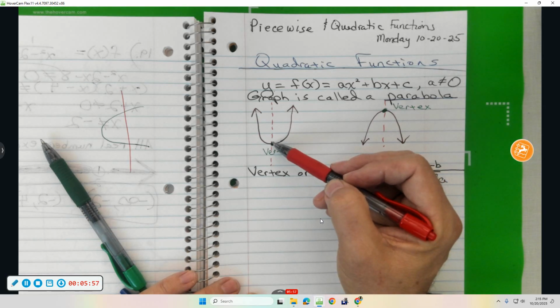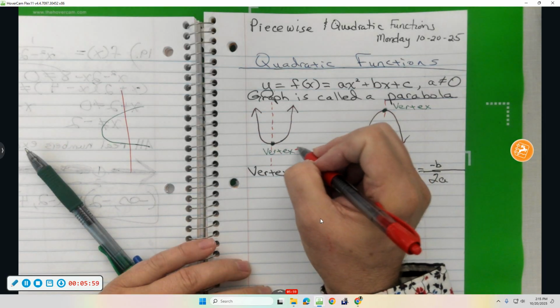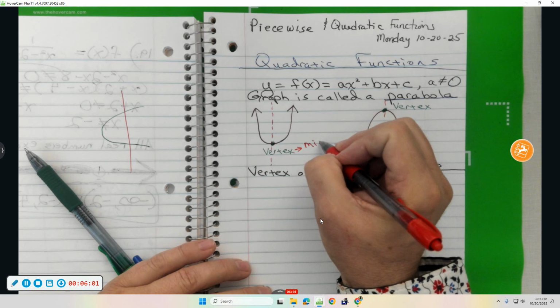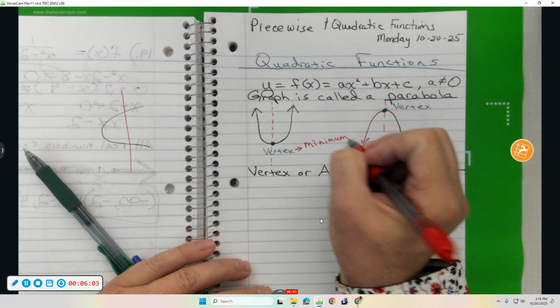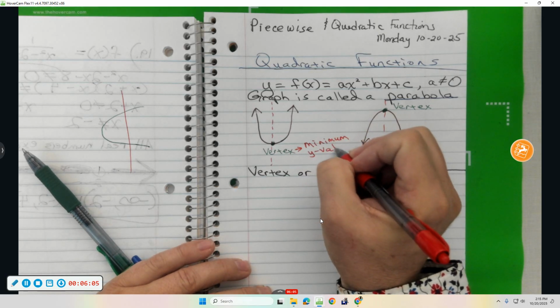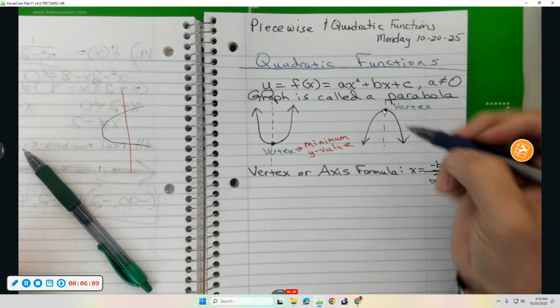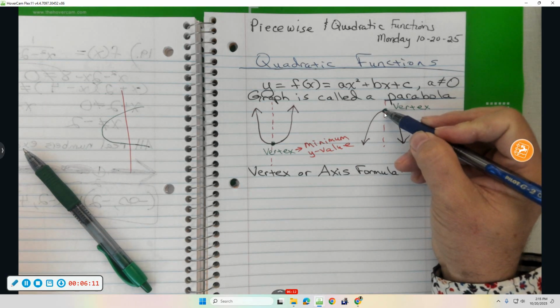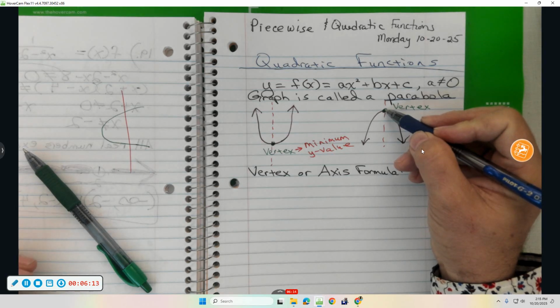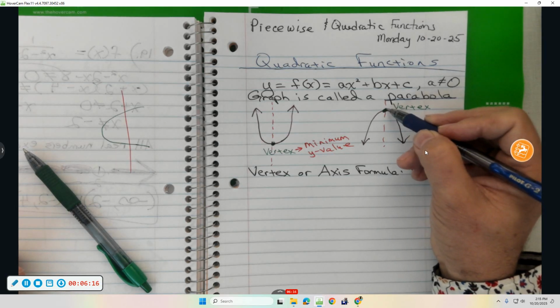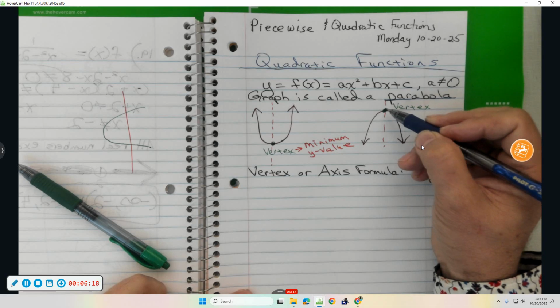But the vertex corresponds to the minimum y value. Using that same logic, this point here, the vertex is the highest point on the graph. It's that highest point. That means that's the maximum y value.